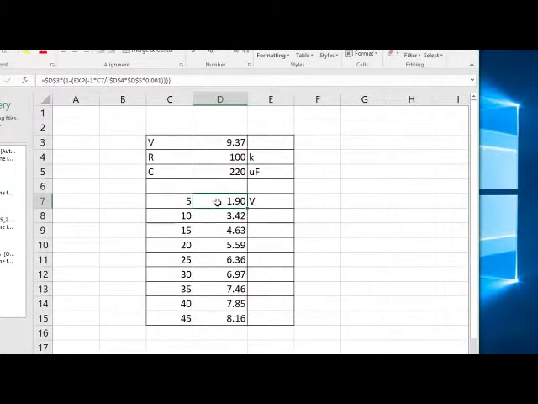So if I give this, the voltage at t equal to 5 seconds should be 1.90, and at 10 seconds 3.42, 4.60, and so on. In our experiment, my reading says here 2.6 volts, and the reason I can recall is that I started the stopwatch.